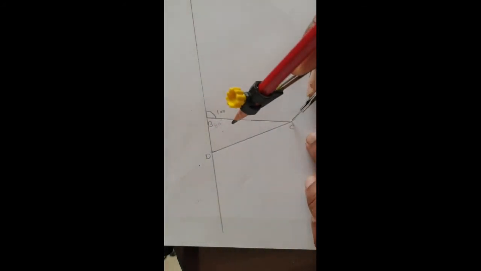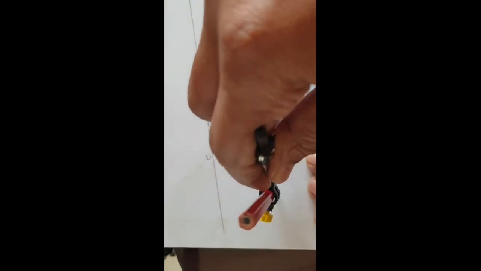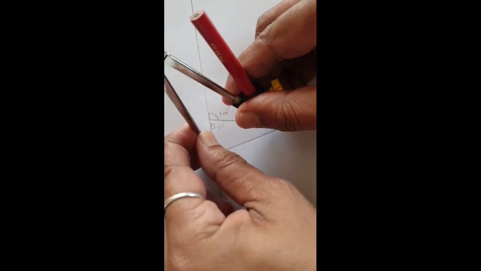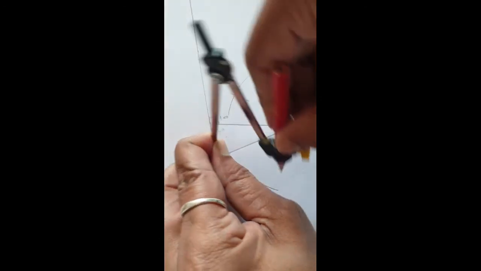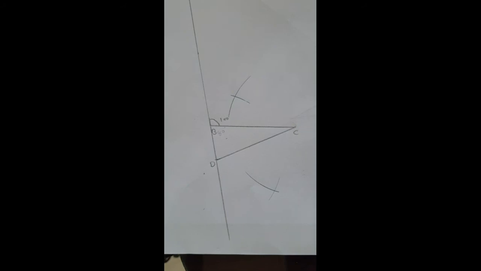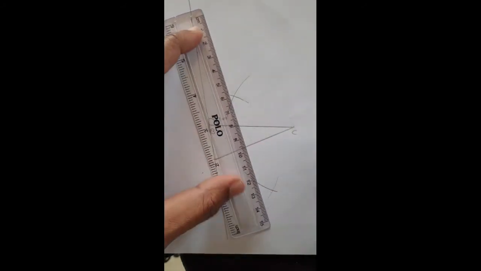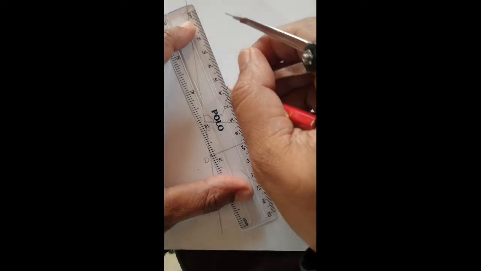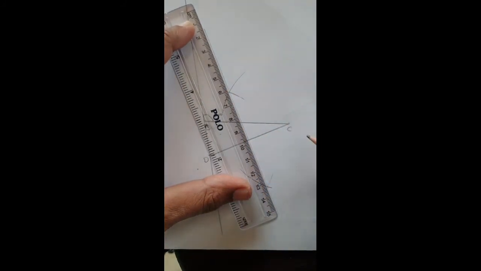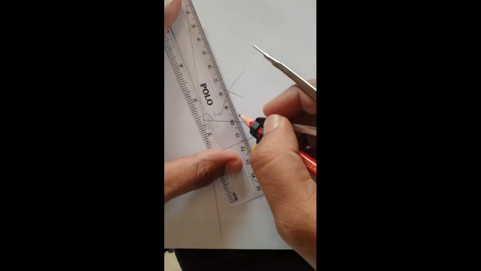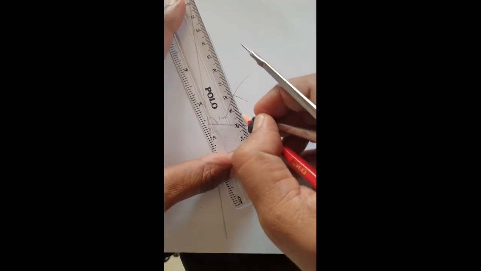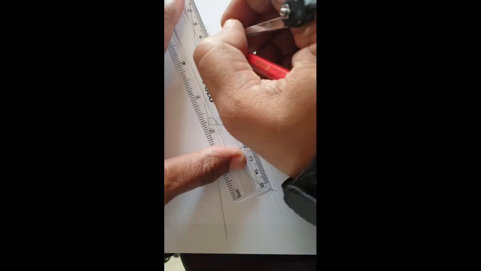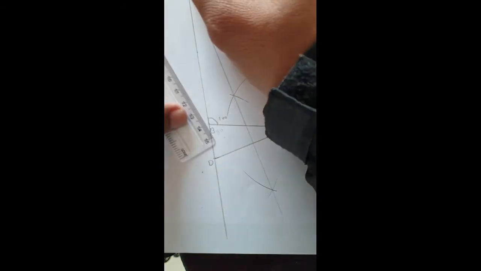So for that, take more than half of CD, draw arcs on both sides, draw an arc from C, repeat the same procedure, don't change the distance, draw an arc from D also. So join this, extend it. Now we need to extend this line until the perpendicular bisector meets the angle which we drew, making an angle of 100 degrees.